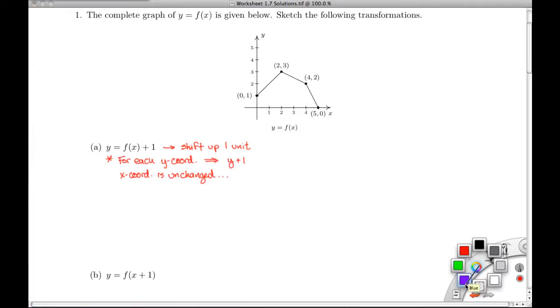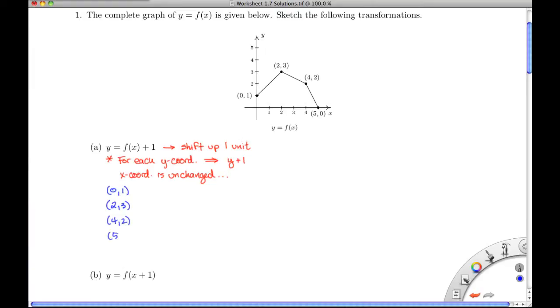So let's list the points that we were given. We've got the point 0, 1, we've got the point 2, 3, we've got the point 4, 2, and then we've got the point 5, 0. And we just got that from the graph that was given to us. So we transform each of these points, given that what we're doing is a vertical shift of 1 up.